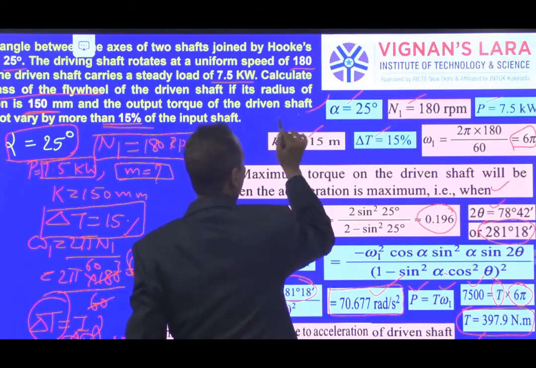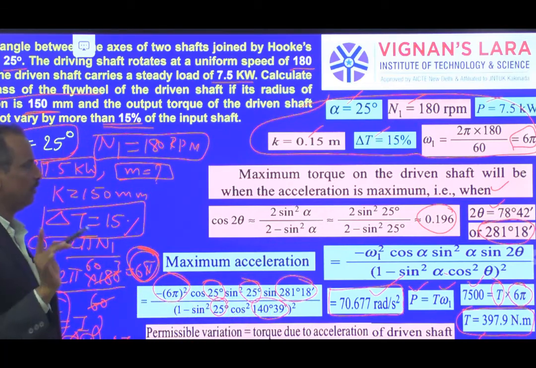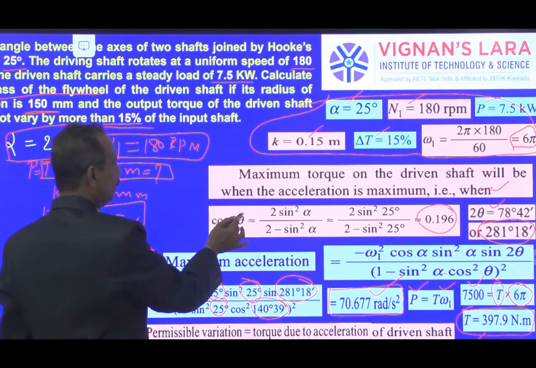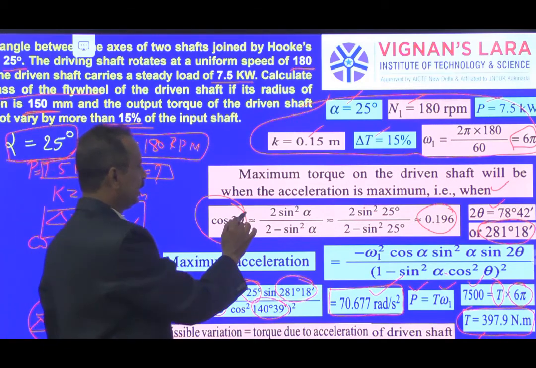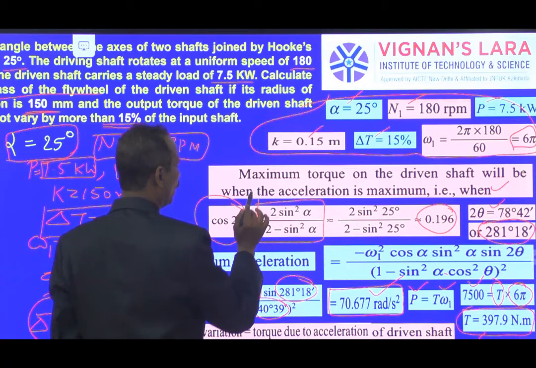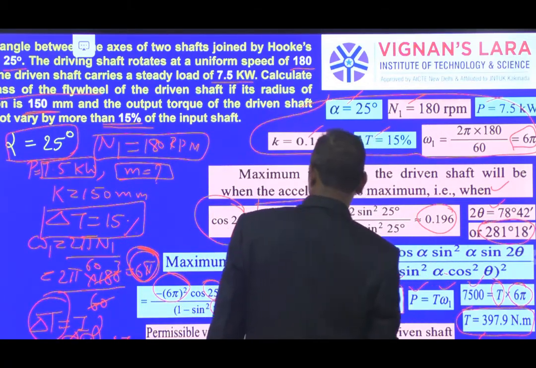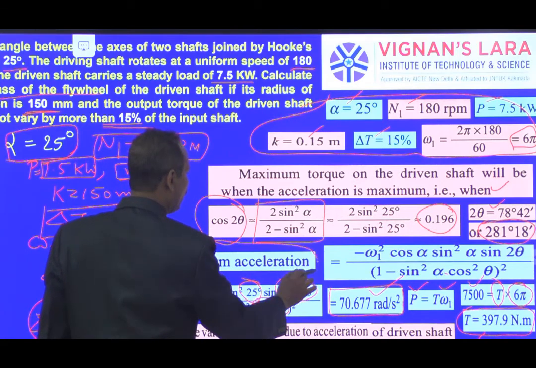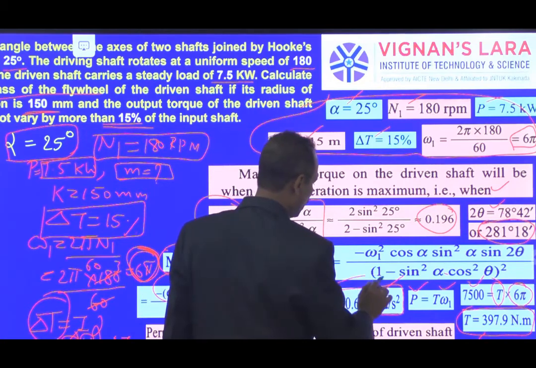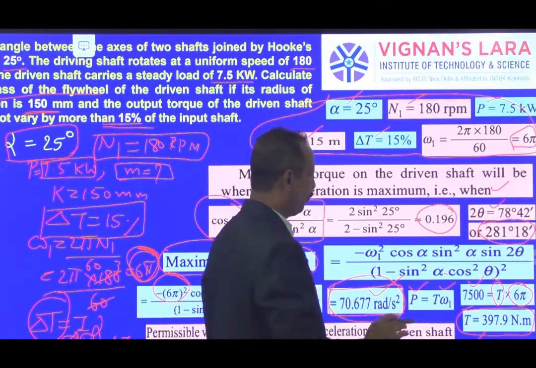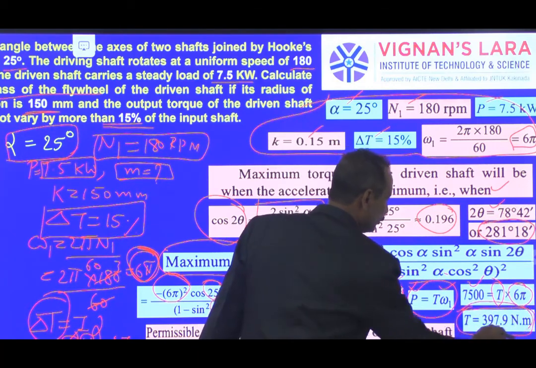All these data are directly available. What we did is only one thing: when the acceleration will be maximum is estimated by this equation, and the corresponding theta is substituted in the equation of maximum acceleration. The maximum acceleration is obtained, from the power equation the torque is obtained.